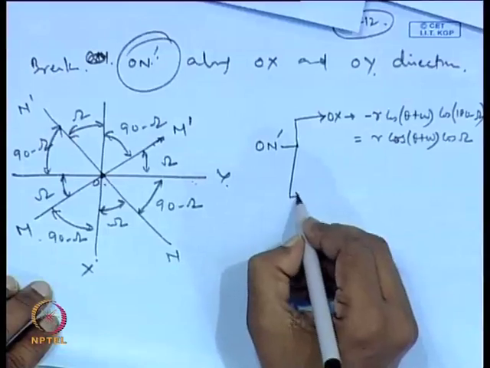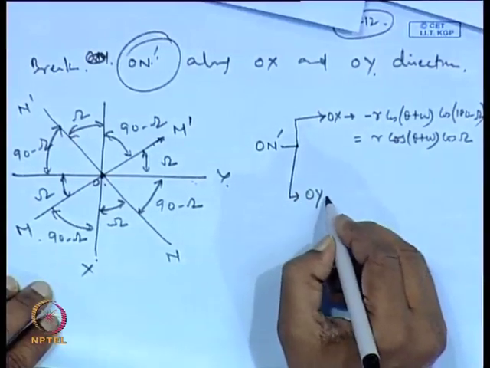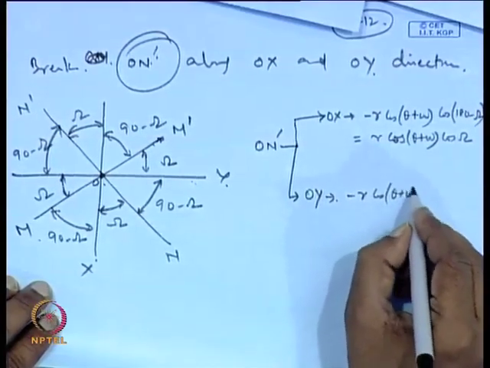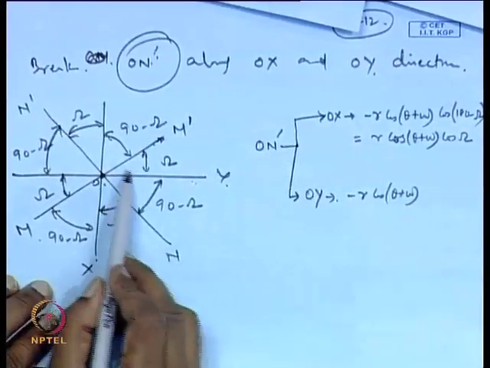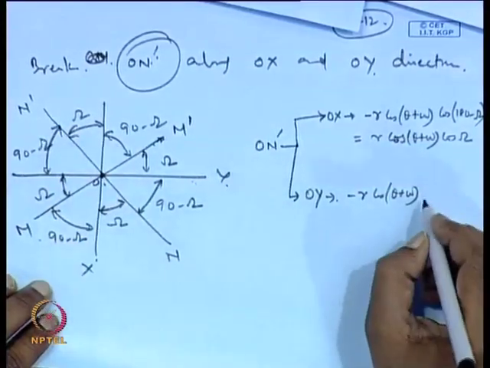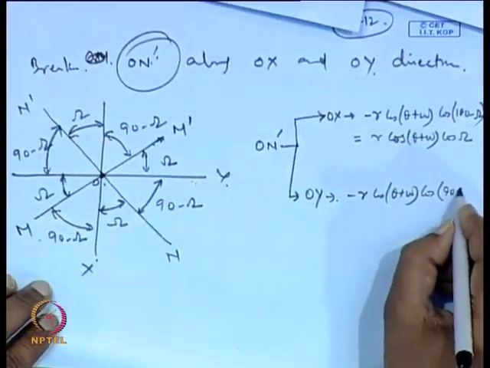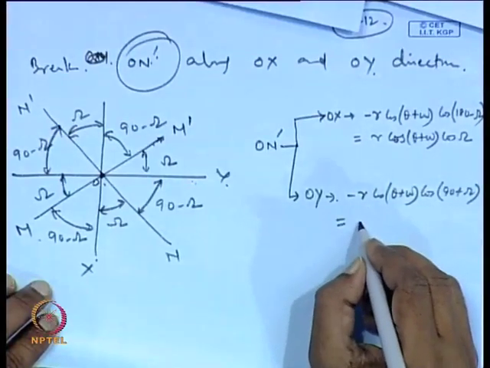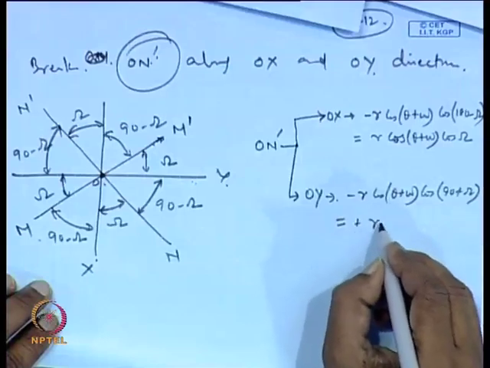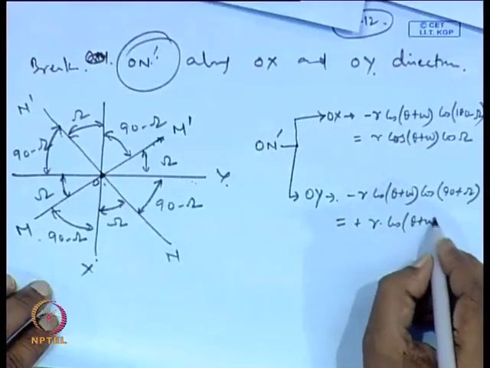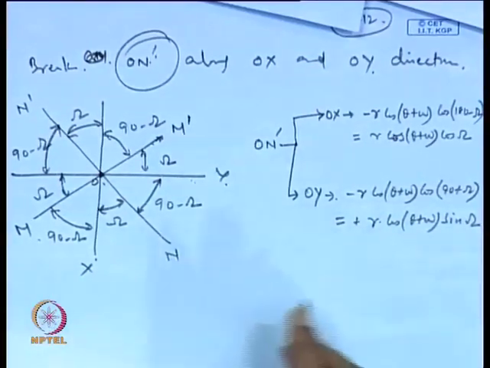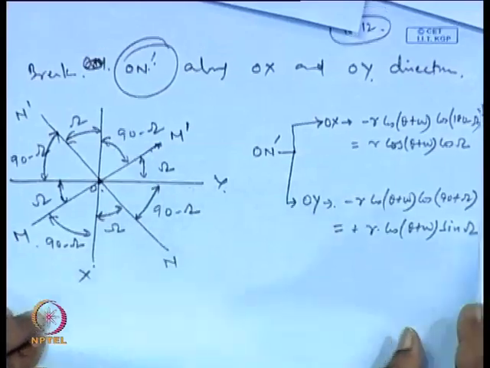Similarly, we break O Y. So, this will give us r cos theta plus omega, and along the O Y direction the angle is 90 plus capital omega. So, this becomes cos of 90 plus capital omega. So, this becomes equal to minus r cos theta plus omega times sin capital omega. Okay.